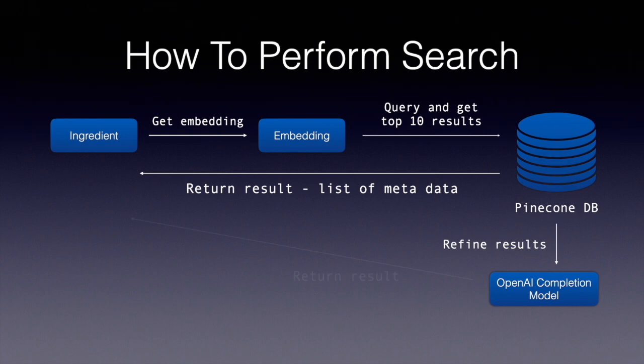It returns the result and we send it to the user. So Pinecone will return the results, but if you want to refine them so you don't get any incorrect results, we can also use OpenAI's completion model to make sure the results are perfect.